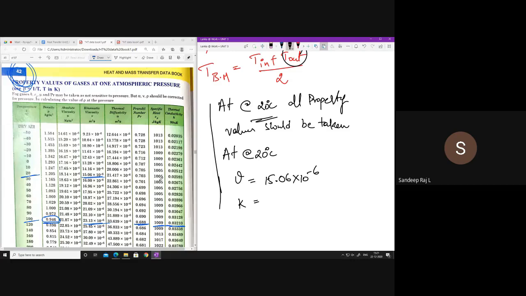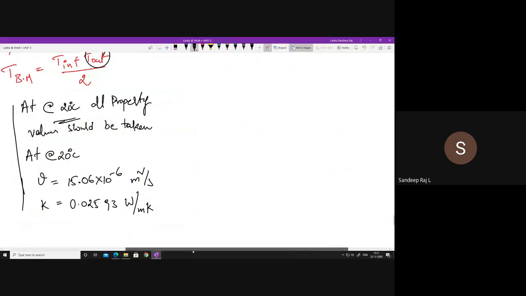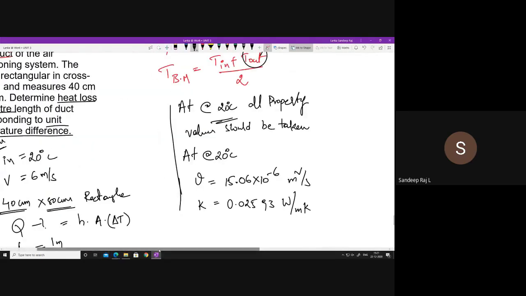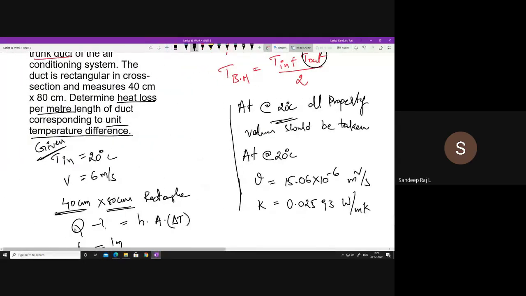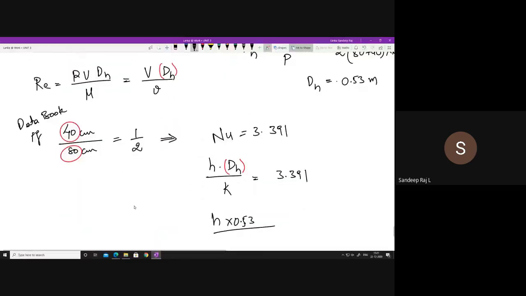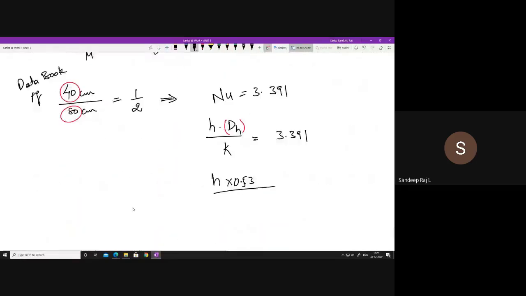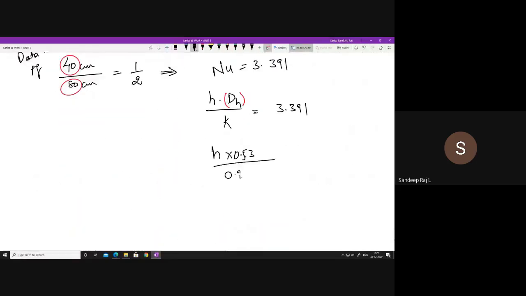The K value is 0.02593 watt per meter Kelvin. What is the H value, you tell me?